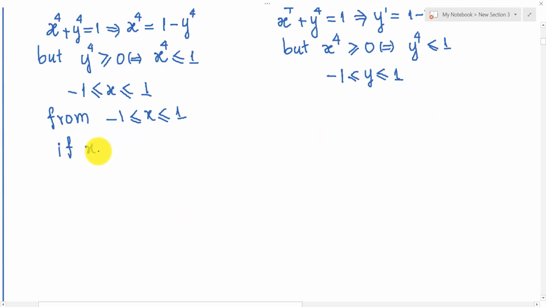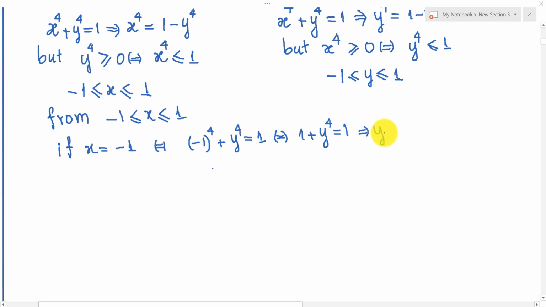If x equals -1, then x^4 + y^4 = 1 gives (-1)^4 + y^4 = 1, so 1 + y^4 = 1, and y^4 is equal to 0 and y is equal to 0.